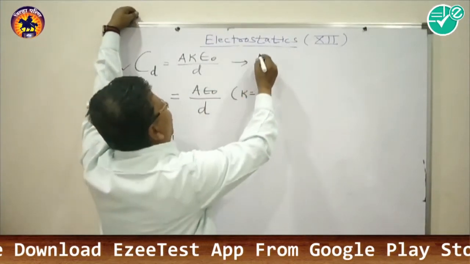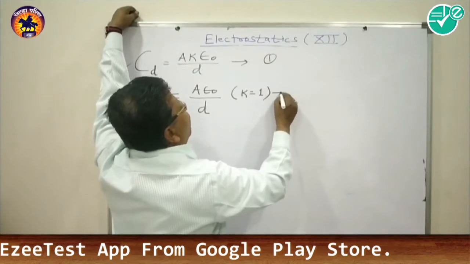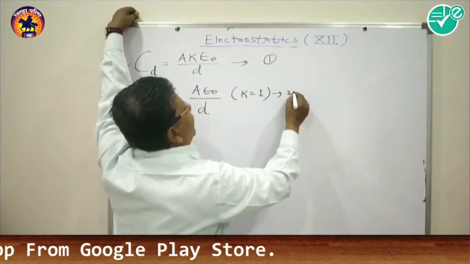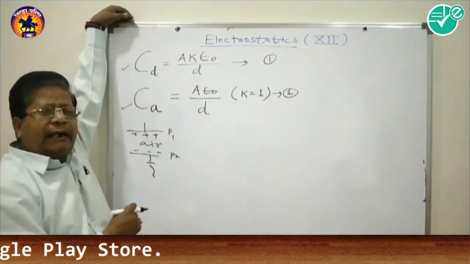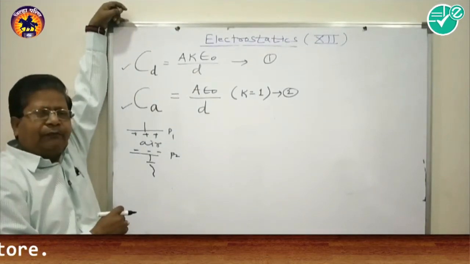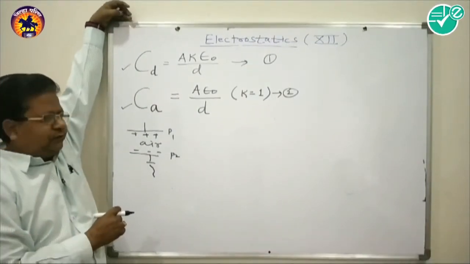So we have obtained two equations, one with dielectric and another without dielectric, that means air medium between the two plates.